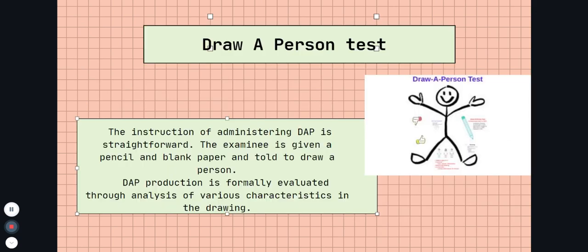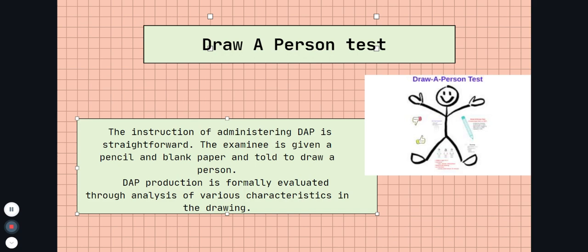Next, one example of a figure drawing test is the Draw-a-Person test. The instruction for administering the DAP, or the Draw-a-Person test, is straightforward. The examinee is given a pencil and a blank paper and told to draw a person.